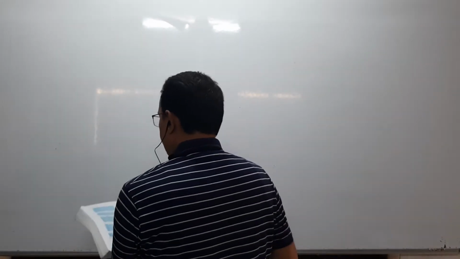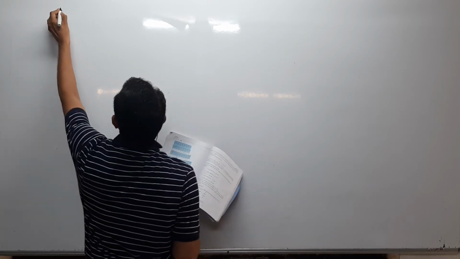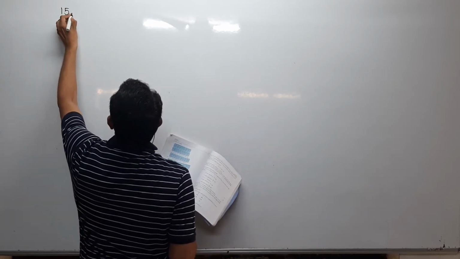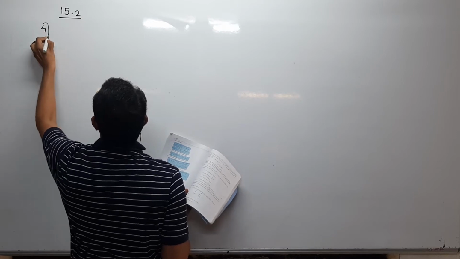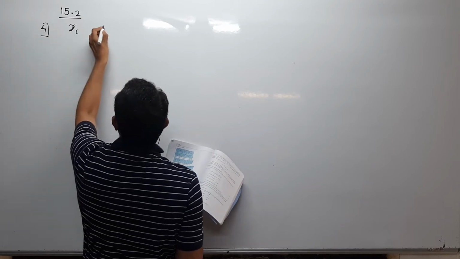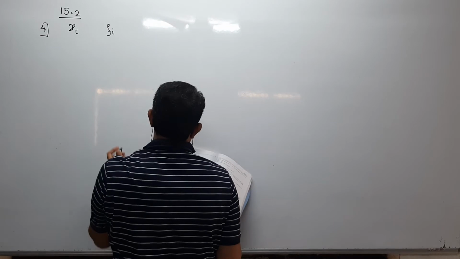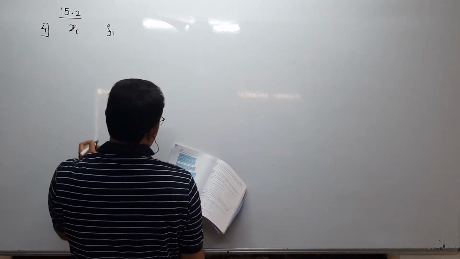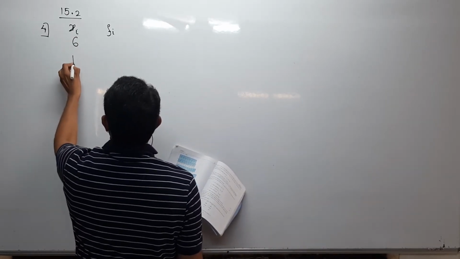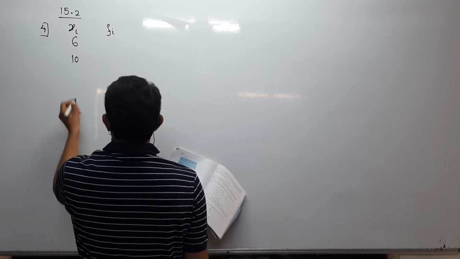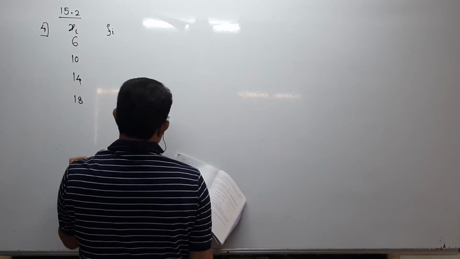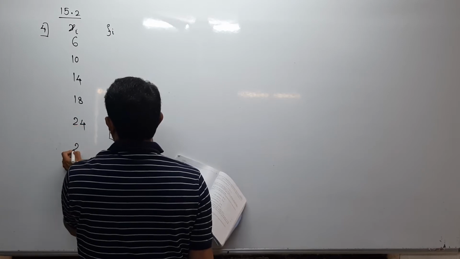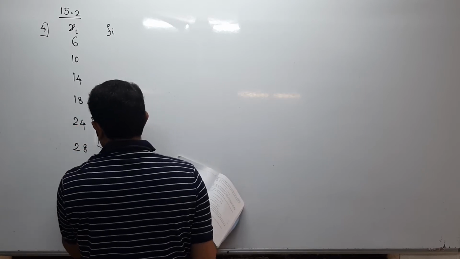Now students, the given discrete frequency distribution is as below. I note down xi and fi. The observations are 6, 10, 14, 18, 24, 28 and 30.